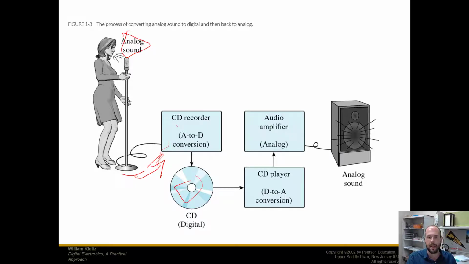And then we can manipulate, move that around our computer, email it to our friend, whatever that may be. Then to play audio back out of a speaker, it has to go from digital to analog again. So we have this D to A, or digital to analog conversion, where we amplify it and then play it. So the physical world and environmental factors tend to be analog, generally speaking, while computers need digital.